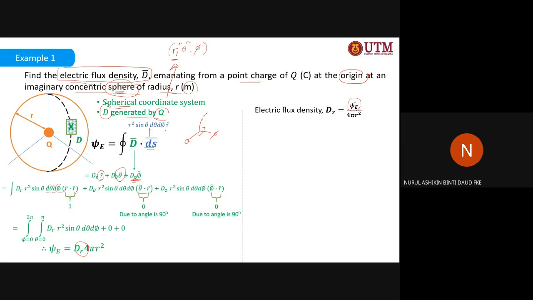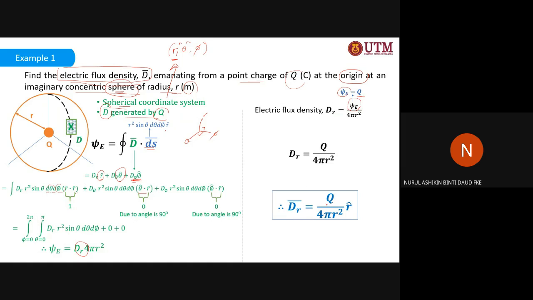However, we can't use this flux line symbol because it is not given inside this question, right? But from Faraday's law, as we have discussed, this flux line is equal to the amount of charge, which is Q. So we can replace this with Q. And since it is moving in the r direction, we can just put S here as the r direction.